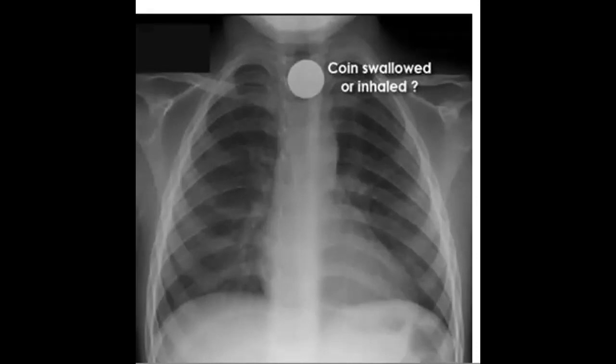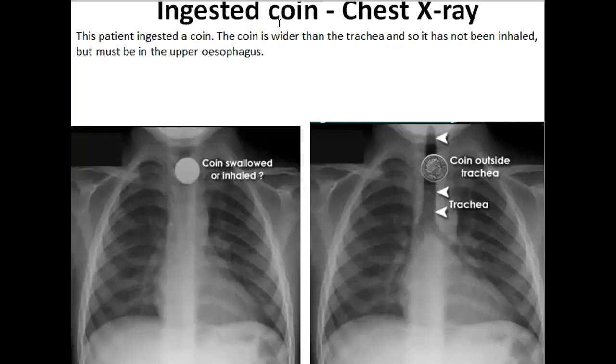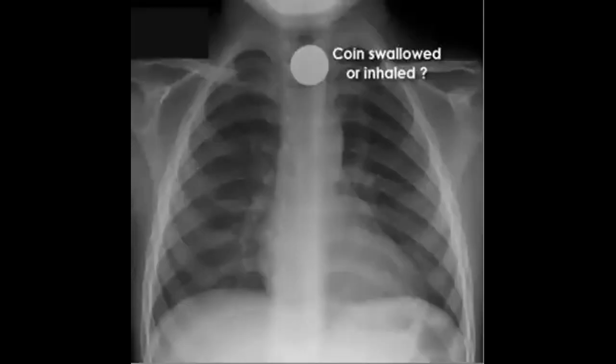Why? The coin is wider than the trachea, so it is not being inhaled. It should be in the upper esophagus. So it is in the upper esophagus.